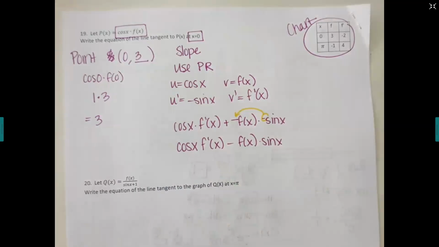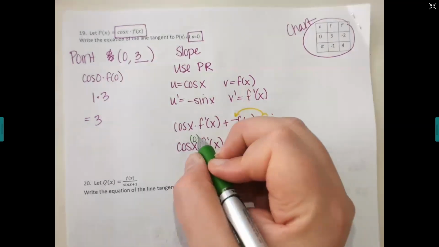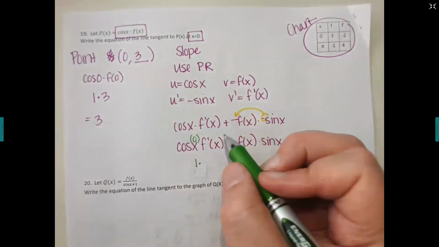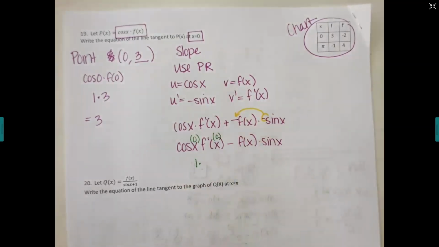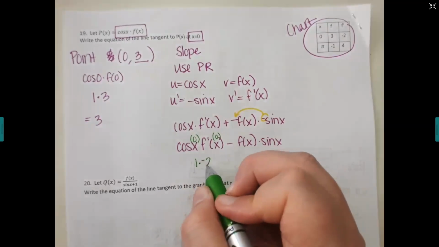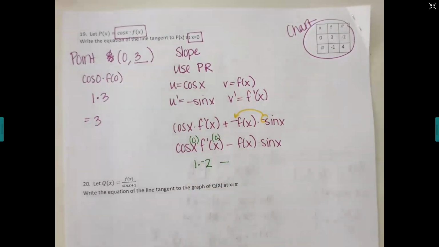From here, we're plugging in our 0. What is the cosine of 0? Cosine of 0 is 1. What is f prime of 0? -2 is correct. Minus. Then I want regular f of 0. Pull it from your chart.